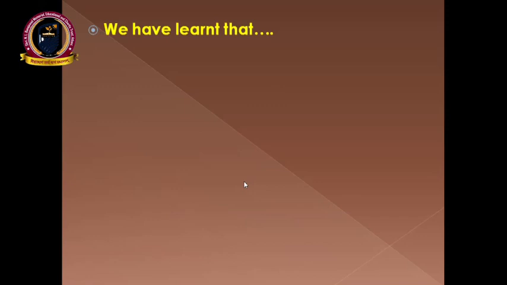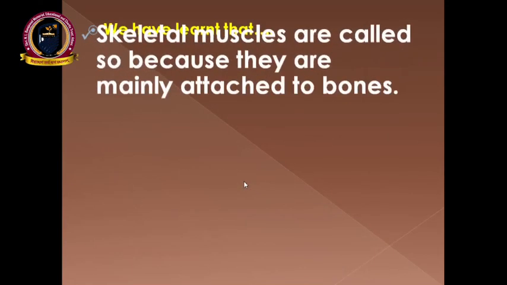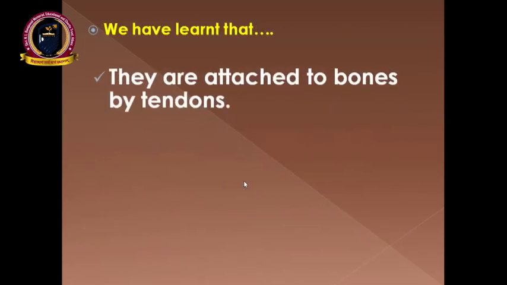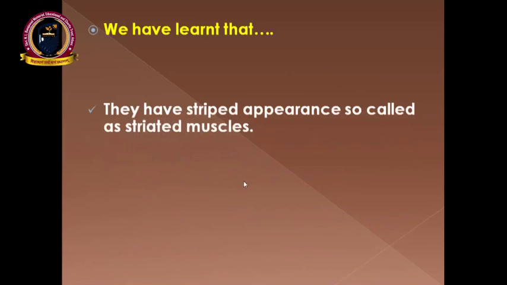Now we have learned that. Let's summarize whatever we have learned so far. Skeletal muscles are called so because they are mainly attached to bones. They are attached to bones by the help of tendons, which are fibrous connective tissue cords.